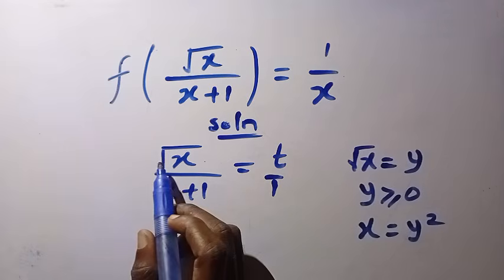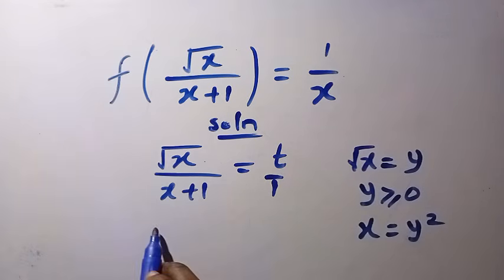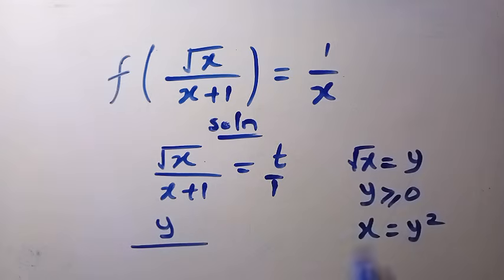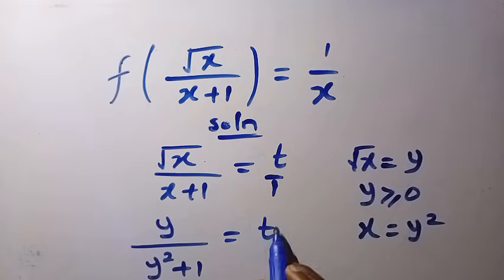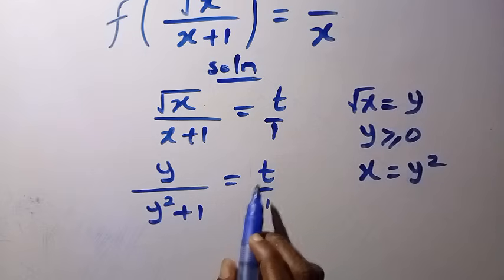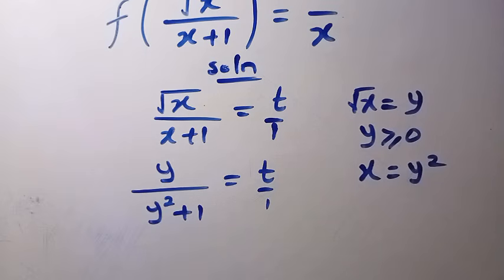So we come back here and we replace this root x with y over, and this x with y squared plus 1, equals t divided by 1. Then let's make y the subject of the formula.